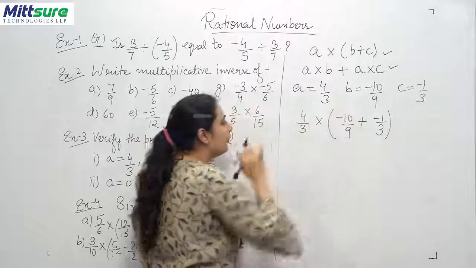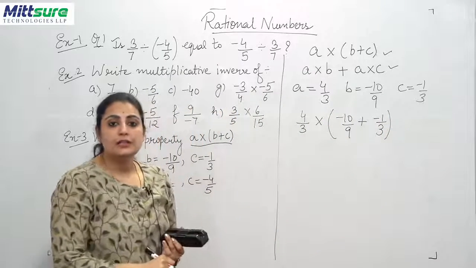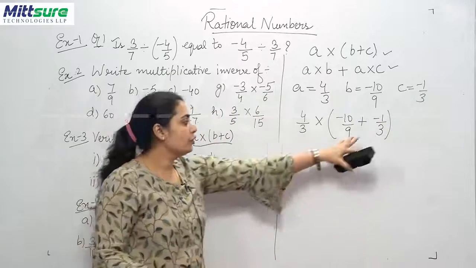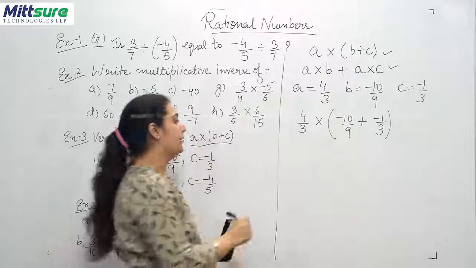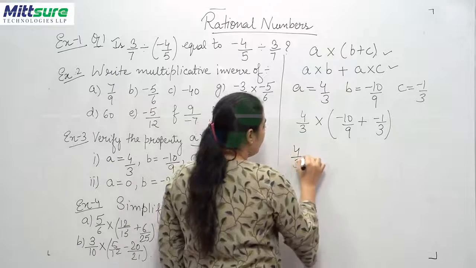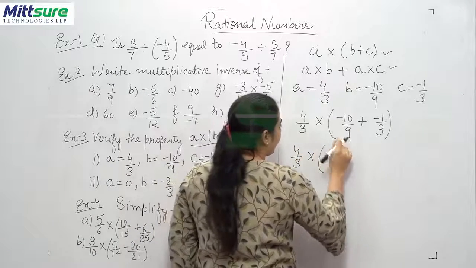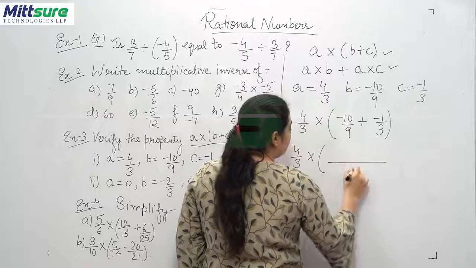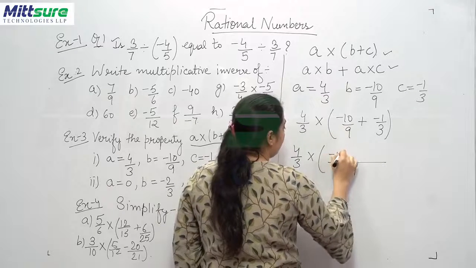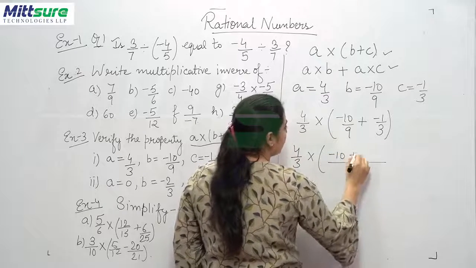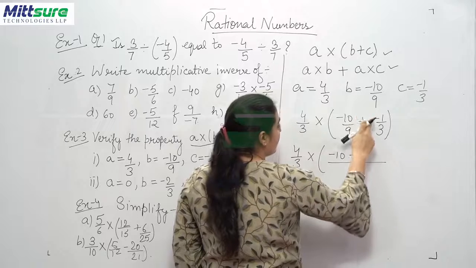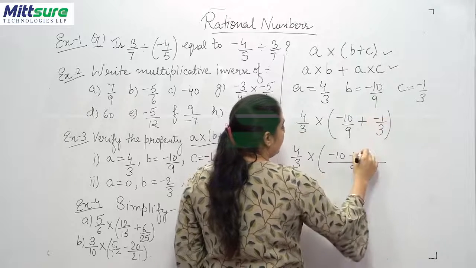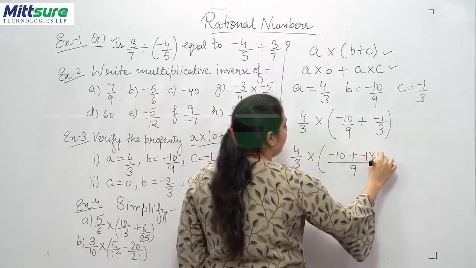So obviously you are going to first take out the LCM and solve this addition inside the bracket. 4 upon 3 multiplied by, you will take the LCM 9, minus 10 as it is, plus this goes 3 times, minus 1 multiplied by 3.